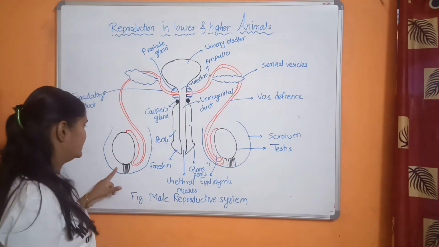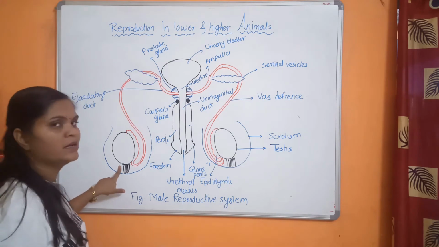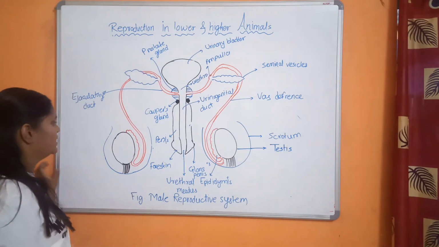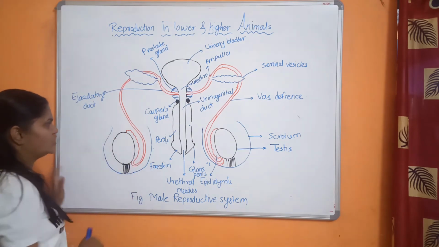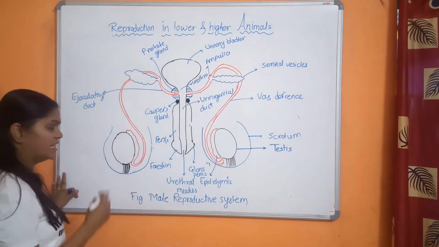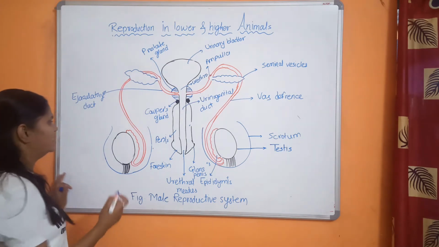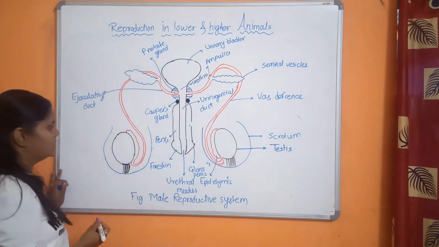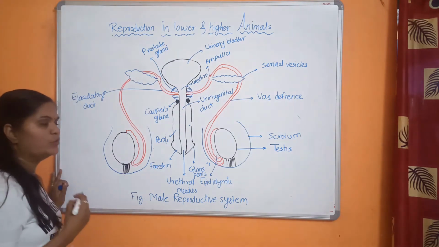They are held in place by a fibromuscular band, that is the gubernaculum. And now this structure is called the epididymis. The epididymis is a highly coiled structure, and you know the head is called caput, body is called corpus, and tail is called cauda epididymis.